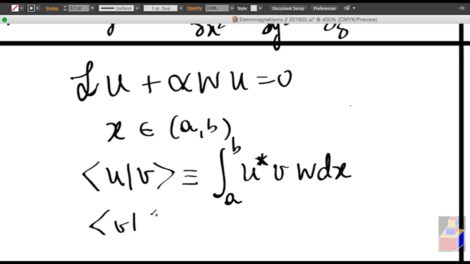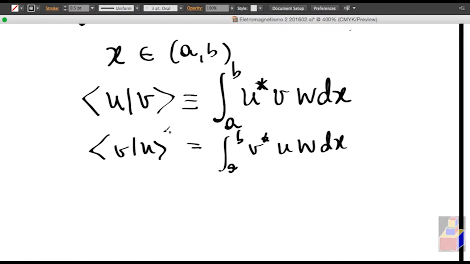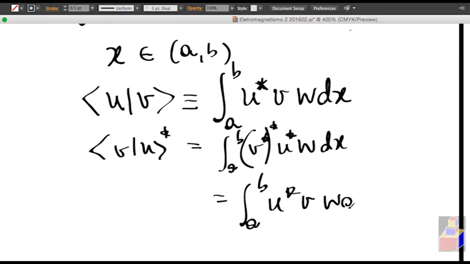So if I have V, U, observe that if I take the conjugate of this one, W conjugate is equal to W because W is real, so it's going to be equal to U, V. So I have this property: if we change the position and calculate the conjugate, you have this property.